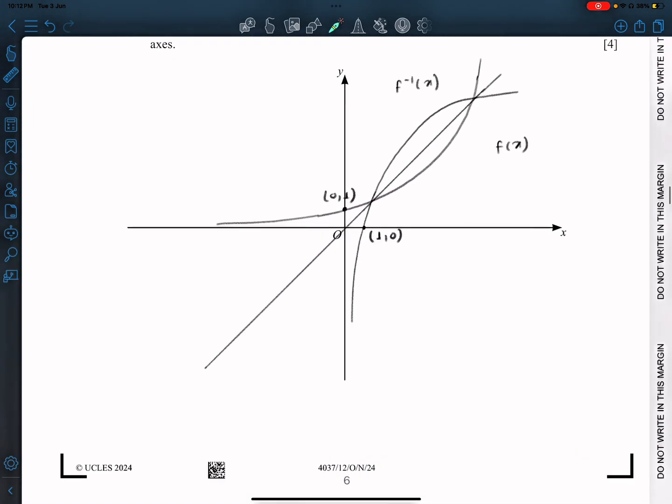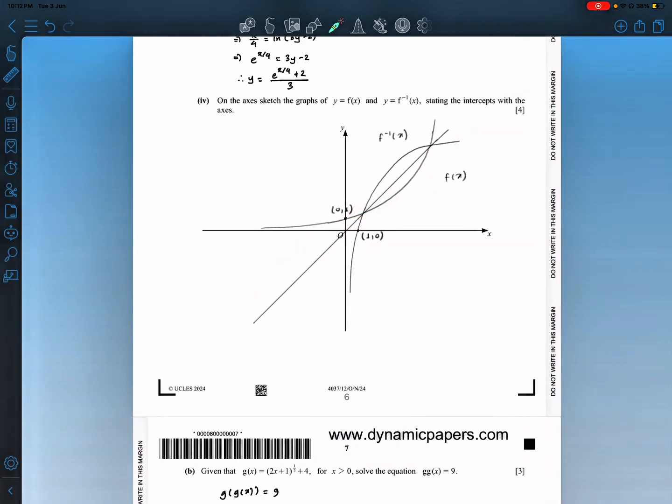We can do it for a smaller value of x, which is greater than 1, and for a large value of x, say, greater than 5. If it shows two intersection points, then we will show two intersection points over here. And f inverse of x will also intersect with y equals x, as it's a mirror image on the y equals x line. Therefore, it will also have two intersection points on the line.